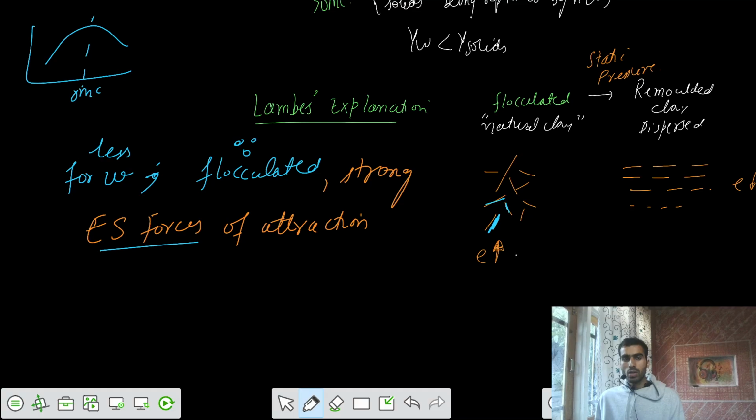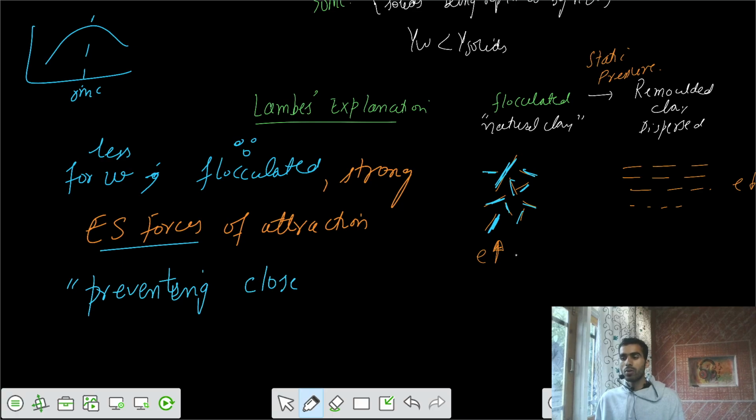They are not coming closer. This electrostatic force of attraction is preventing closing the gap. Actually, we are having more gaps here. You can see more number of gaps are there because of this kind of packing. There is interlocking, no doubt about that, but there is more void ratio.